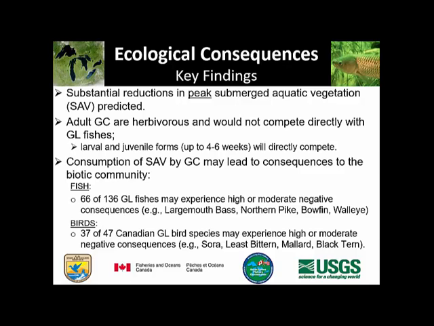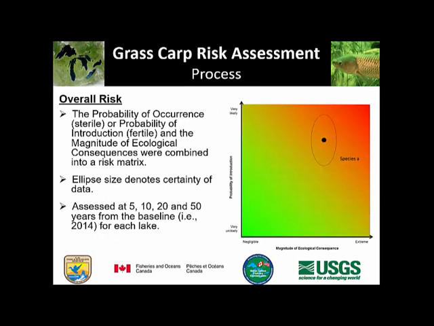And that's associated, again, with a combination of habitat available as they may be migrating, as well as nesting. So you get resident birds that will be there during the summer, like sora, least bittern, but also mallards, canvasbacks, things like that. So there's some really extensive potential consequences here associated with grass carp invasion.